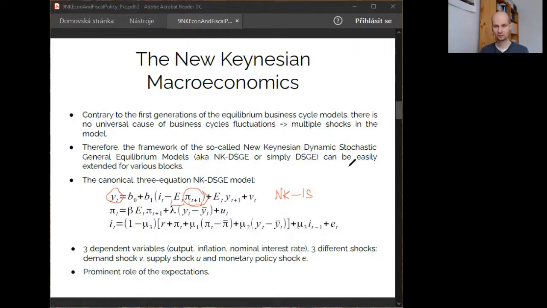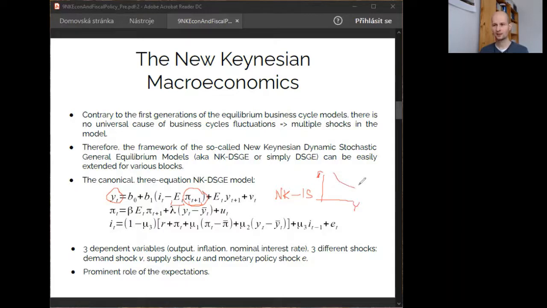Obviously, the IS curve in principle is very much about the inverse relationship between the interest rate, the real interest rate in particular, let's denote it as R here, and the output. So it should be negatively sloped.